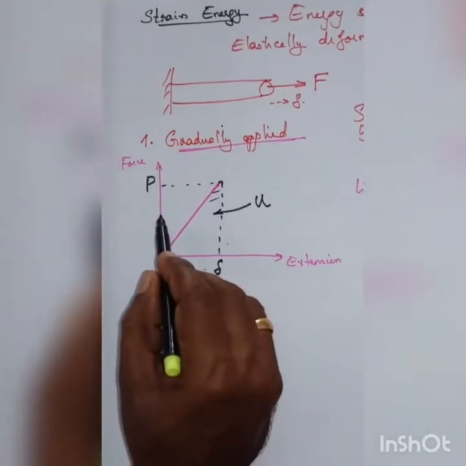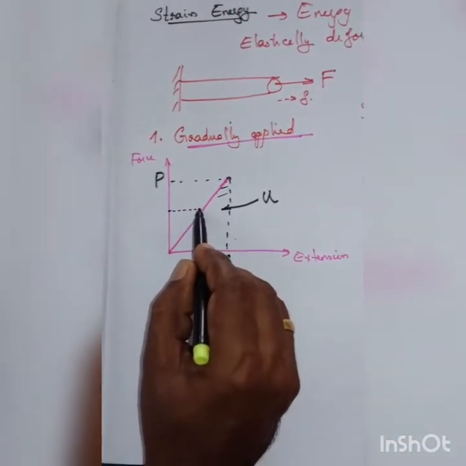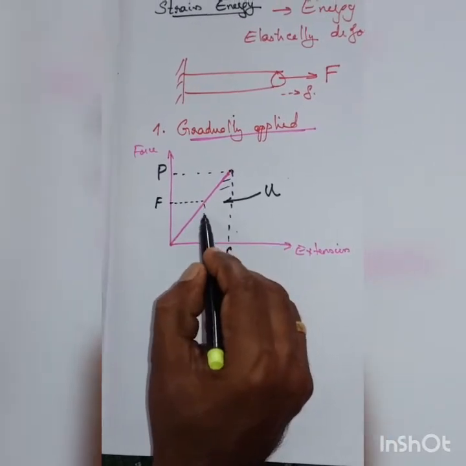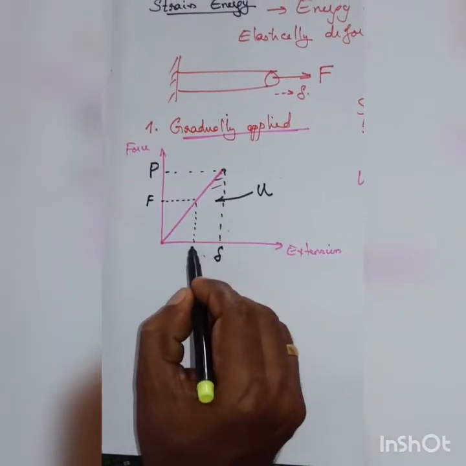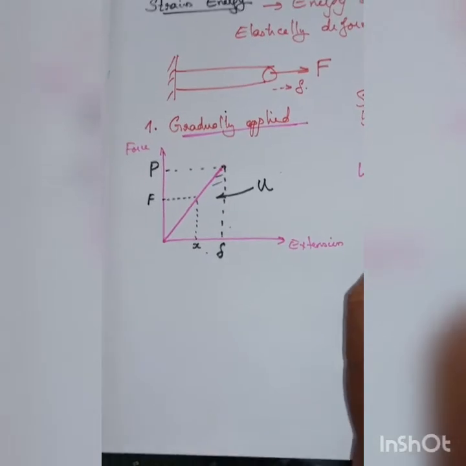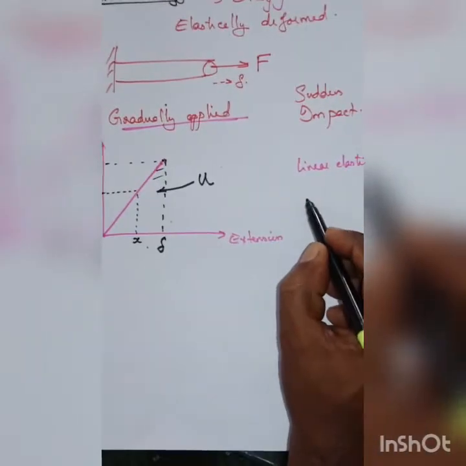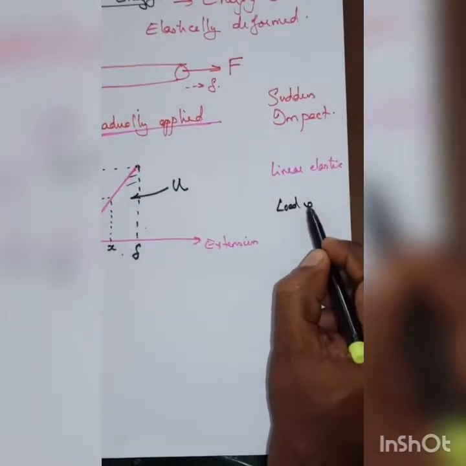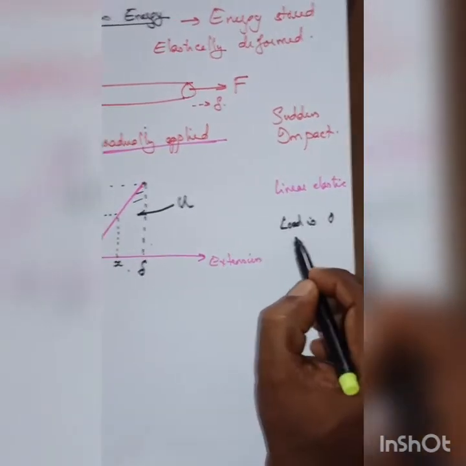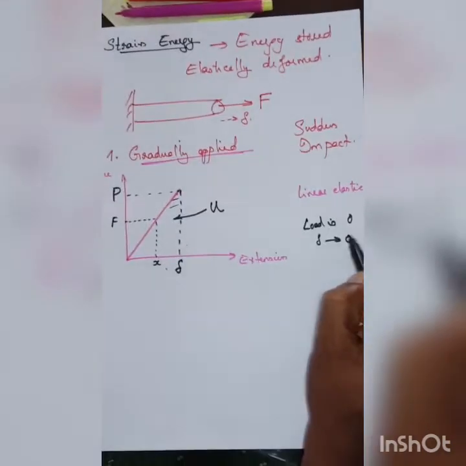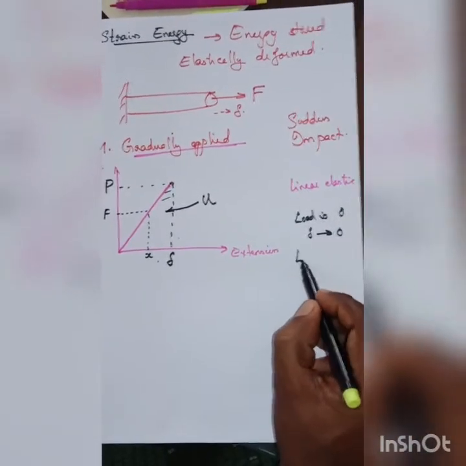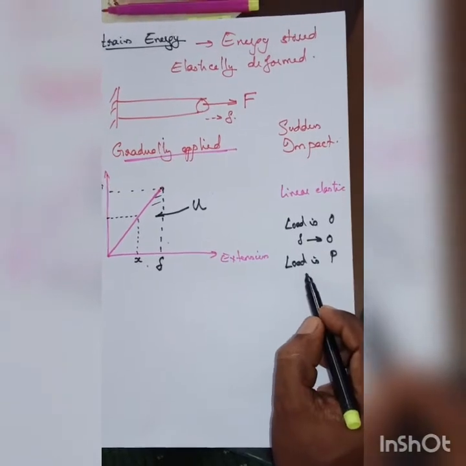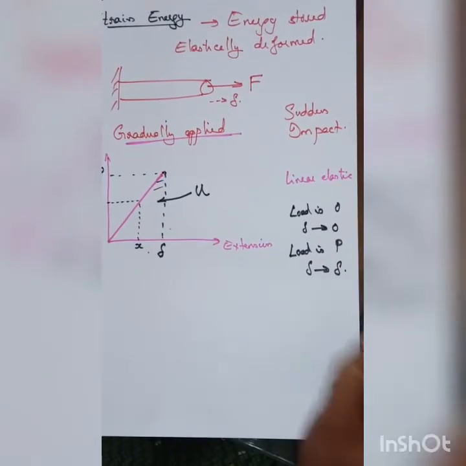At any intermediate point, let the load be F and the corresponding displacement be x. That is, when the load is zero, the deflection is zero. When the load is P, the deflection is equal to delta itself.